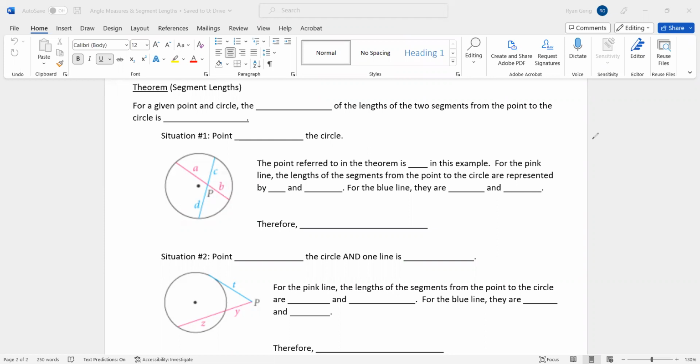So if I have a point and a circle, okay, just any point and a circle, the product, means we multiply, of the lengths of the two segments from the point to the circle is constant.